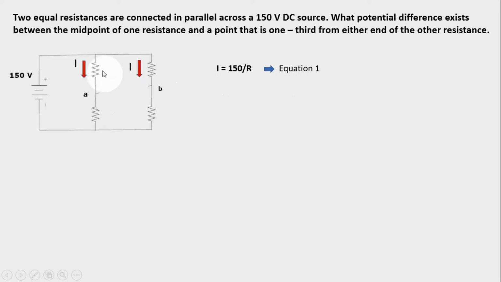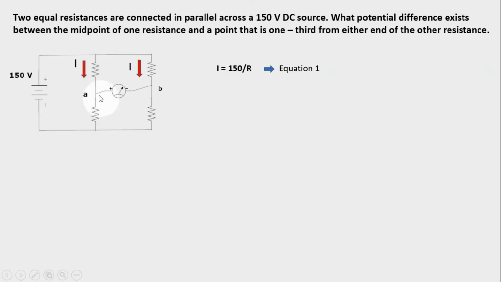Now let us try to divide the resistances of the other branch. We have the midpoint, consider the midpoint and assign it as A, and the other one is 1/3 and assign this as B. Okay, we place there our voltmeter to get the potential difference.